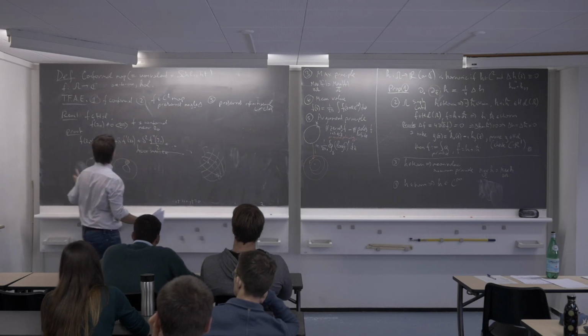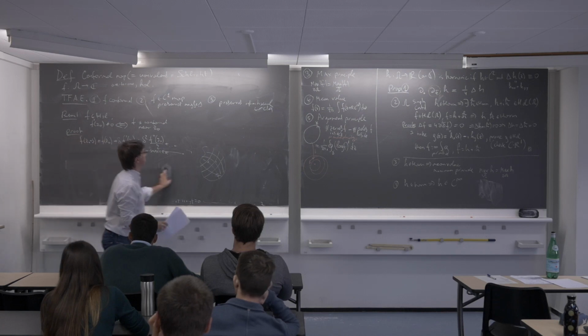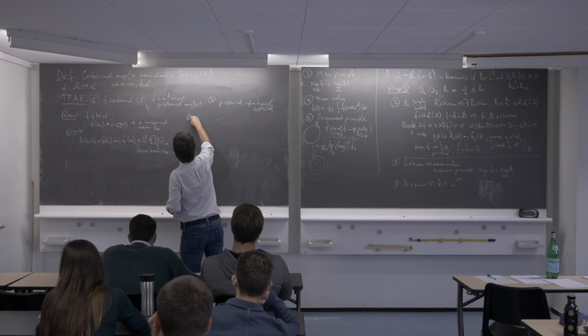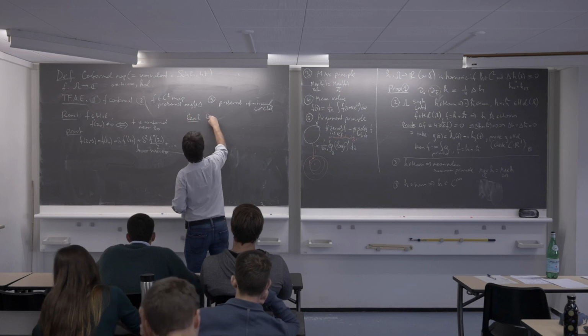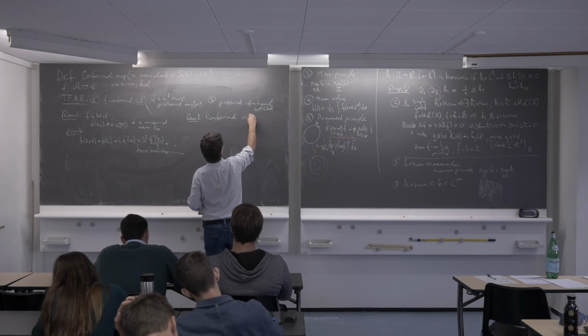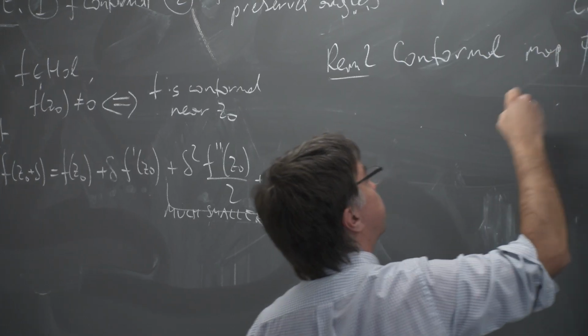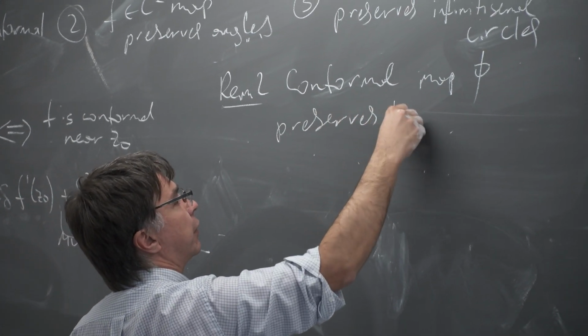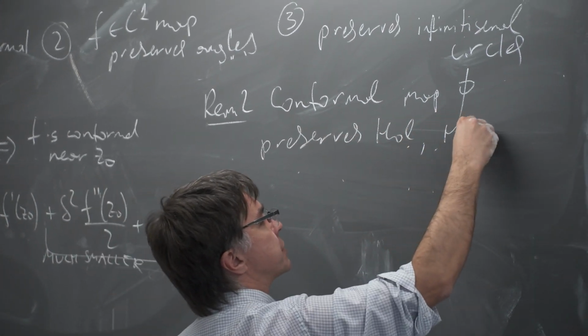Okay. And the second important property is that conformal maps preserve harmonic functions. A map phi preserves holomorphic and harmonic functions.